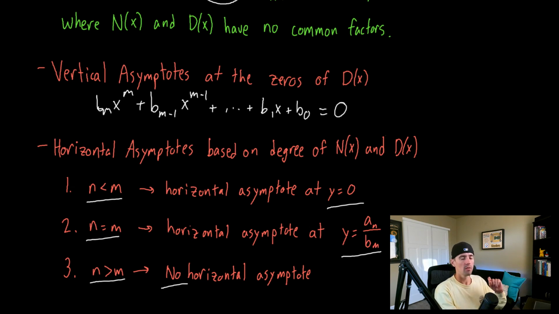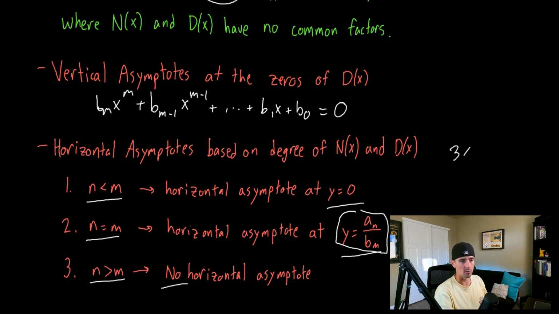Case two: if the highest power x in the top of our fraction equals the highest power that we're raising x to in the bottom of our fraction, then we have a horizontal asymptote, which we can calculate using the coefficients of those x terms. We take the coefficient of the leading term on the top of our fraction divided by the coefficient of the leading term on the bottom of our fraction.